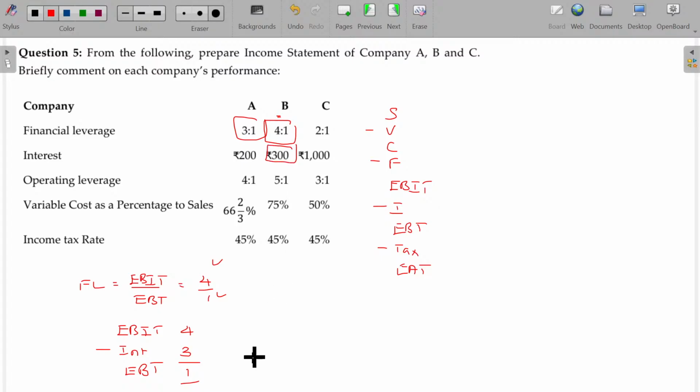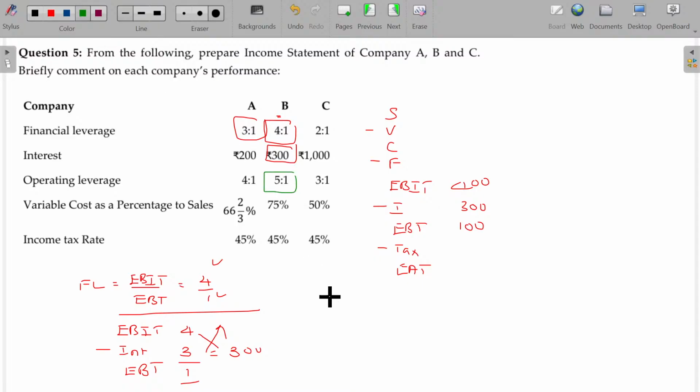Here interest information is given. 3 share is equal to 300. Then the rest of the things can be easily calculated. 4 share is 400, so EBIT is 400, EBT is 100, interest is 300. First one is over.